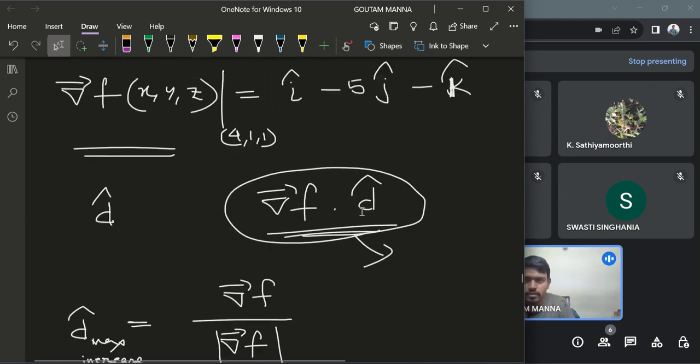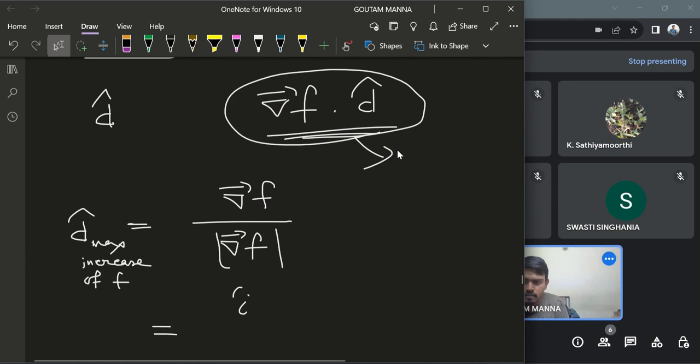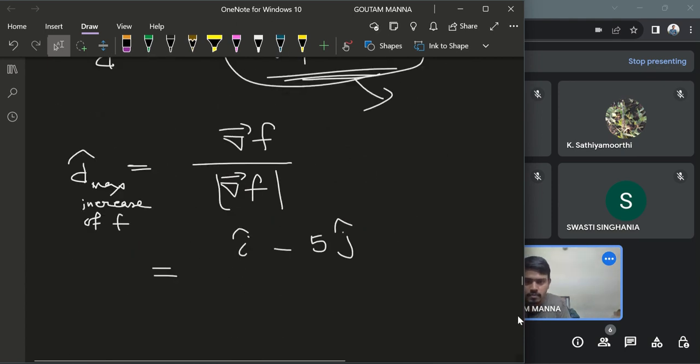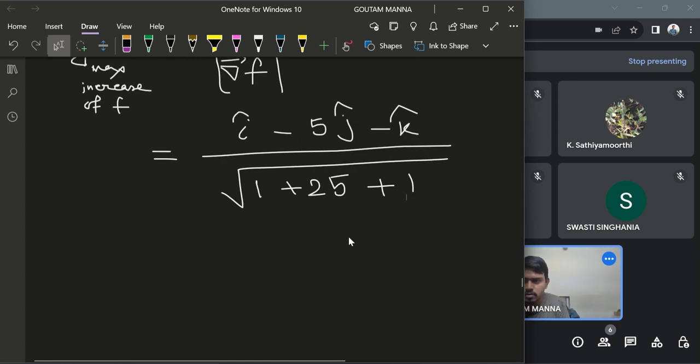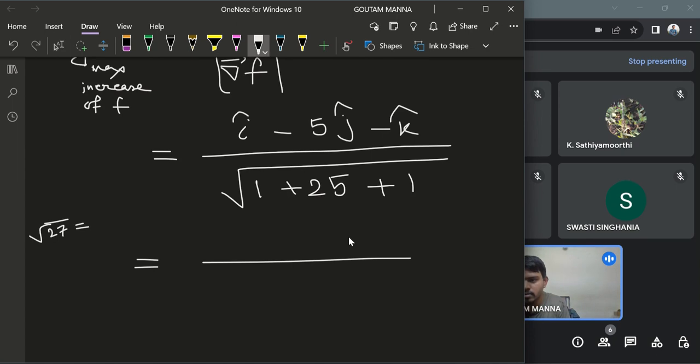So grad of f is i hat minus 5 j hat minus k hat. Its mod will be root under 1 plus 25 plus 1, which is root under 27. 27 means 9 times 3, so it is 3 root 3. So the direction is (i cap minus 5 j cap minus k cap) divided by 3 root 3.